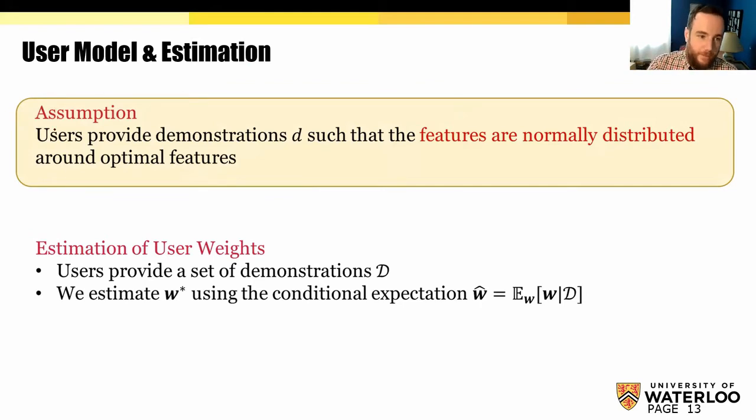We make the following assumption: for a single user providing demonstrations D, that user will provide demonstrations D such that the features are normally distributed around the optimal features. This allows us, given a set of demonstrations D, to estimate the true user weight W star using the conditional expectation of the weight given the demonstrations.